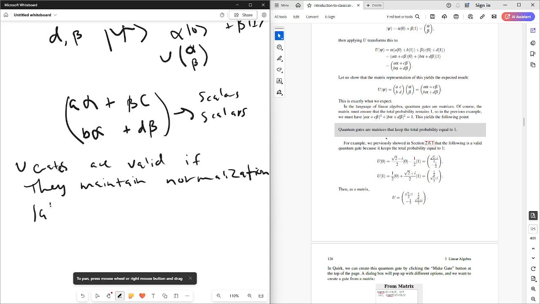That is, the norm squares of alpha and beta have to sum to 1, as these are probabilities. Once we take the norm square, this gives us our probabilities. So if we take the norm square of these two scalars, they should sum to 1.